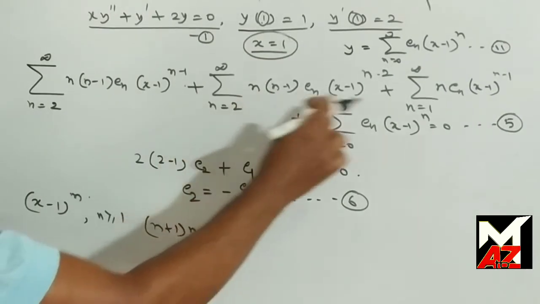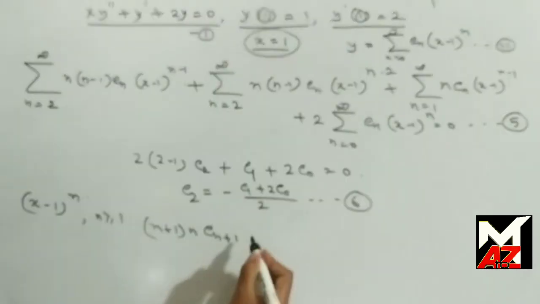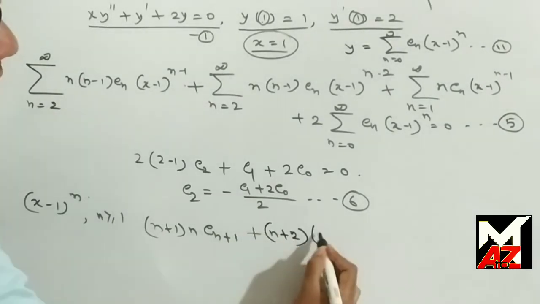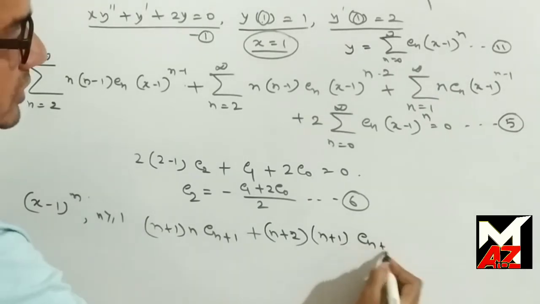Here we have to put n equal to n plus 2, that is we get n plus 2 into n plus 1 into cn plus 2.